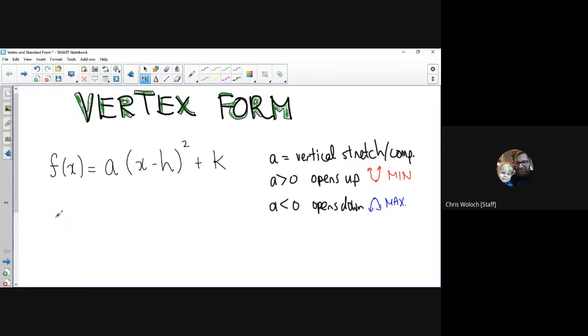And obviously for vertex form, the cool thing about it was that it gave us the vertex. And the coordinate of the vertex is h and k. All right. So pretty basic stuff that we did talk about when we looked at the functions unit, where we graphed a little bit and used the parabola, the quadratic, to help us.